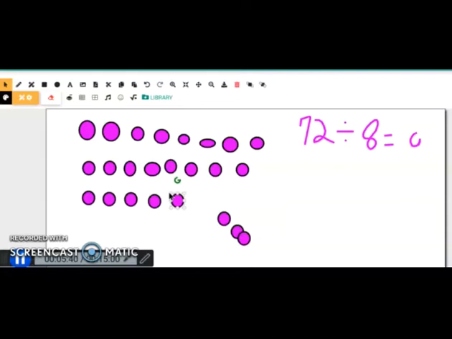Some of you are working on your 4s, so we'll see if you know the answer to that one in just a moment. So now we have 3 groups of 8, and we've determined that that is going to be 24.